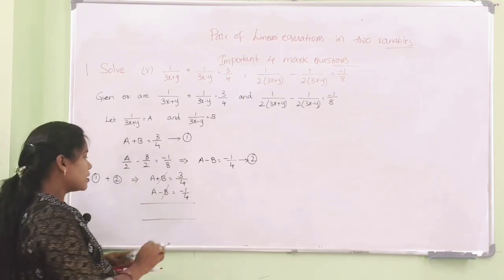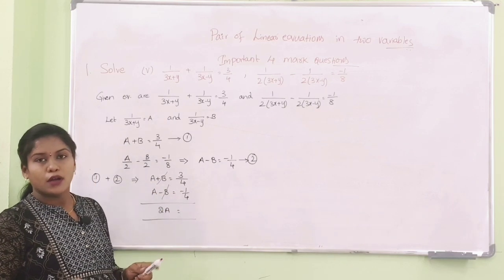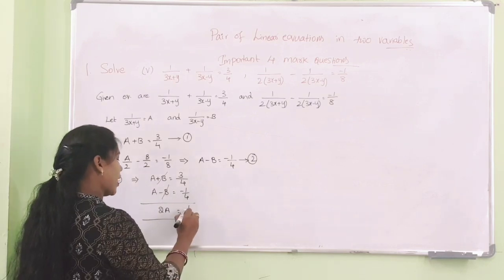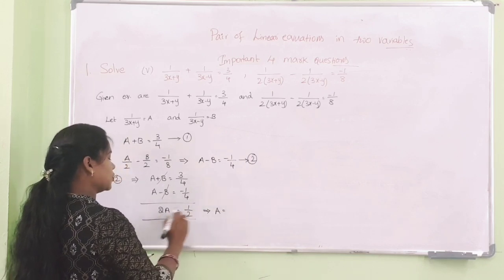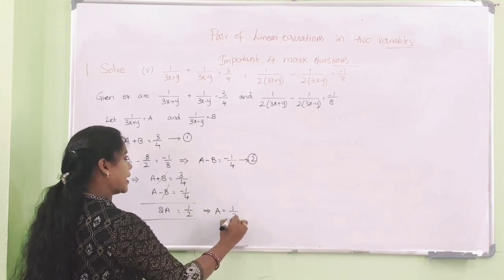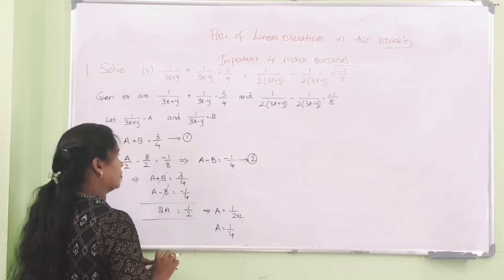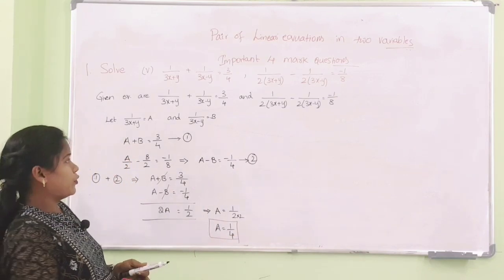A plus a is 2a, that is equal to 3 by 4 minus 1 by 4, which is 2 by 4, which is equal to 1 by 2. That implies a is equal to 1 by 2 into 2, that is equal to 1 by 4. So the value of a is 1 by 4.